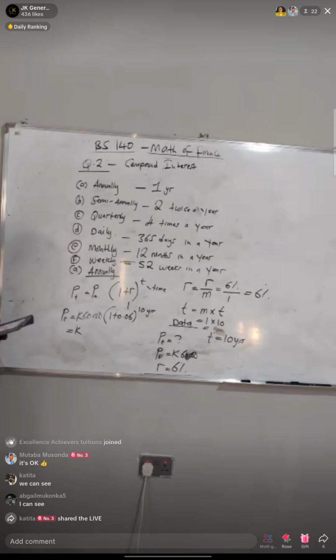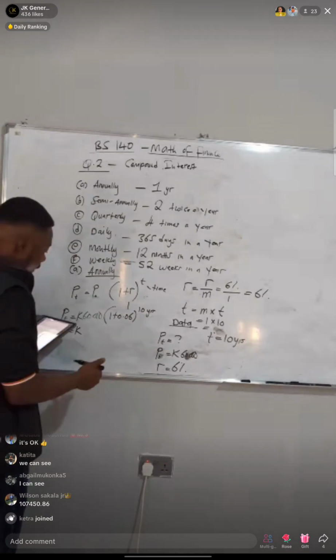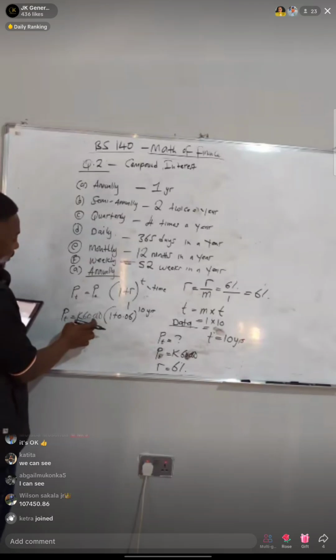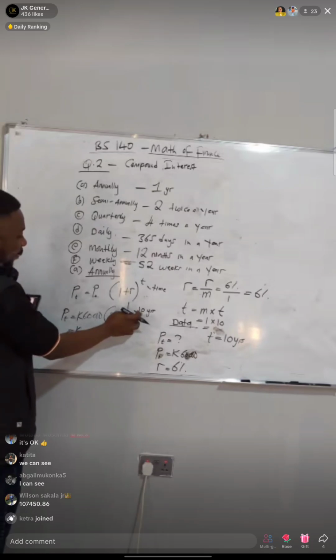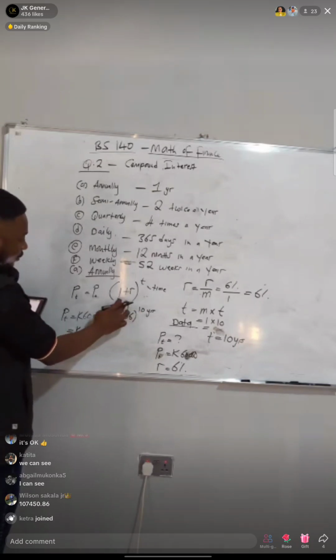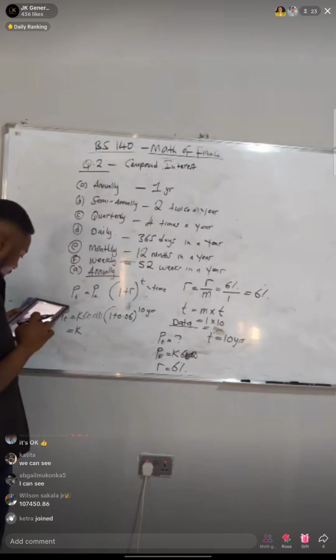Those that are sharp, give me the answer. So here we can put 60,000 in brackets, 1 plus 0.06, to the power positive 10.